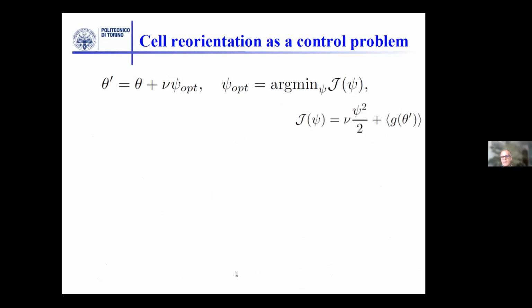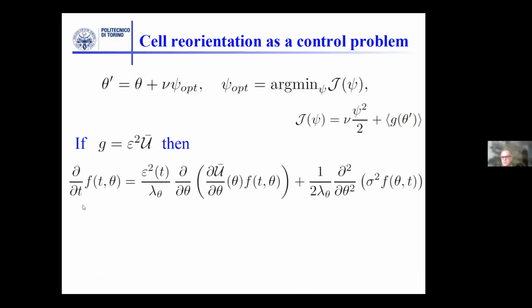Last thing, just to say a few words, you can look also at the same problem as a control problem, and I think that this is what the cells actually do, in the sense that they choose the new orientation, trying to minimize some functional, and the functional is related, for instance, to the energy. So if you take this G as the energy, then you have the same Fokker-Planck equation that I described before.